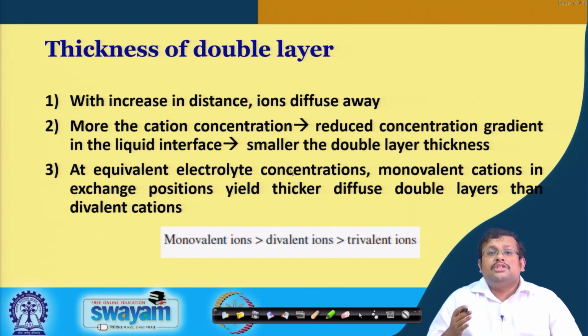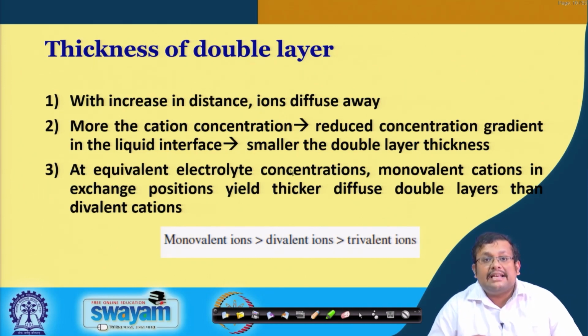Now, regarding the thickness of the diffuse double layer, with increase in distance, ions diffuse away. Another thumb rule is that at equivalent electrolyte concentration, monovalent cations in exchange positions yield a thicker diffuse double layer than divalent ions.